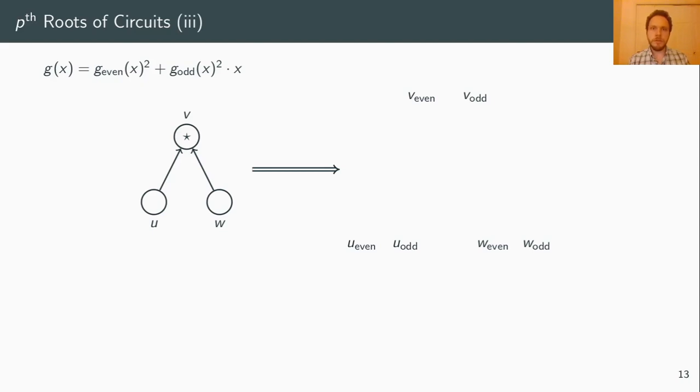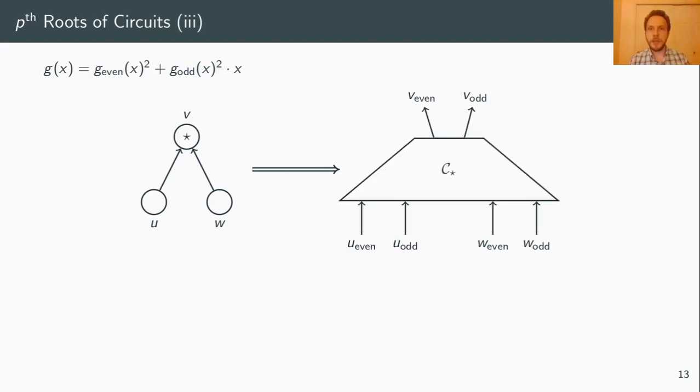So now that we've got this idea, we're going to sit down and stare at this decomposition for a little while, and we're going to observe that we can actually compute the even and odd parts of v using the even and odd parts of u and w.